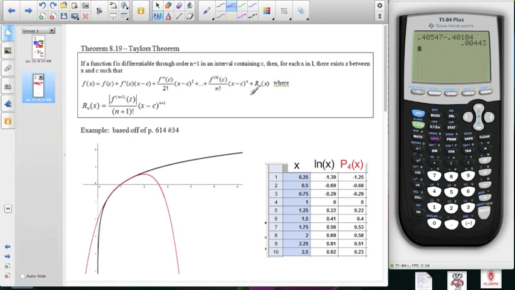And so this remainder here is really what comes after the values that are part of your approximation.